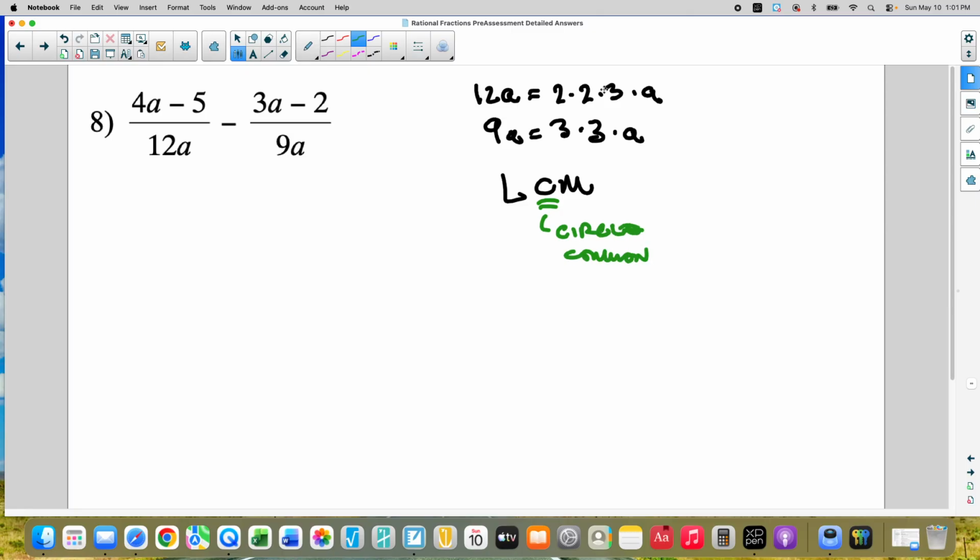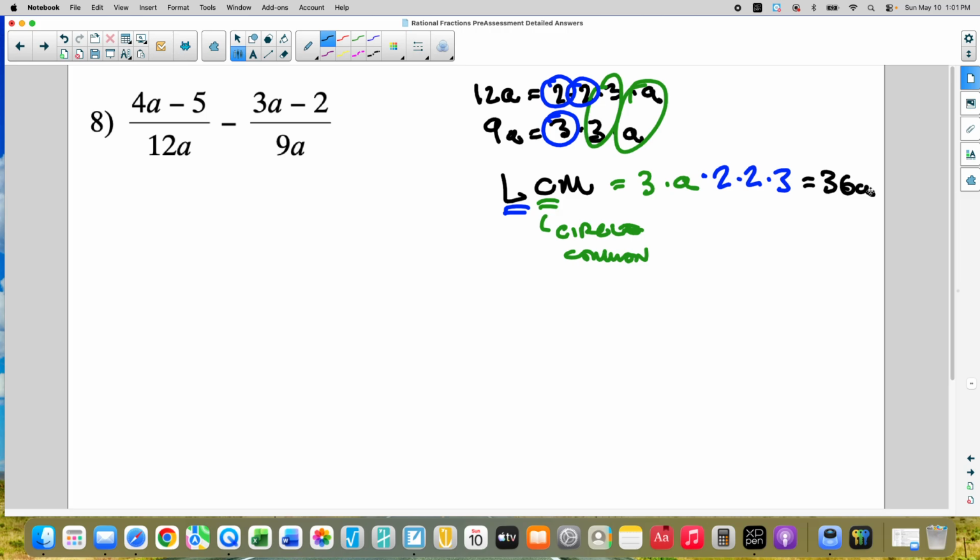So they have a 3 in common and an a in common. And then the leftovers, that's the different thing. So leftovers are 2 times 2 times 3, which all simplifies to 36a. That would be my common denominator.